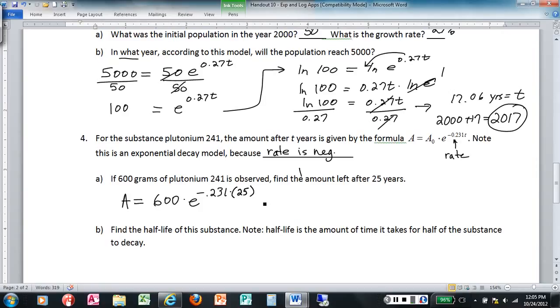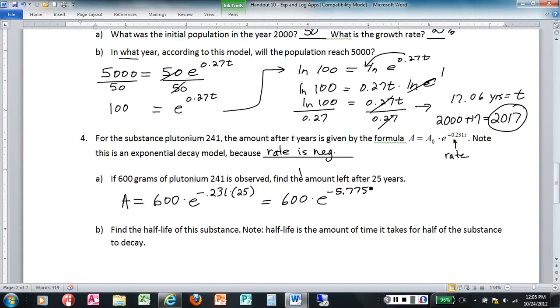All right, how do we proceed here? Well, this is just meaning to evaluate. Just have to multiply negative 0.231 times 25. It'd be negative 5.775. And then that's base e, so I just plug that into my calculator. e to the negative 5.775.